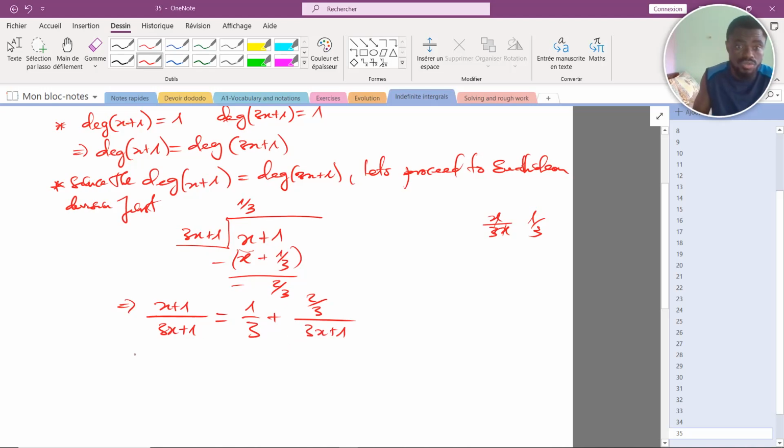That's it. So this implies x plus 1 all over 3x plus 1 will be equal to 1/3 plus 2 on 3 into 3x plus 1.